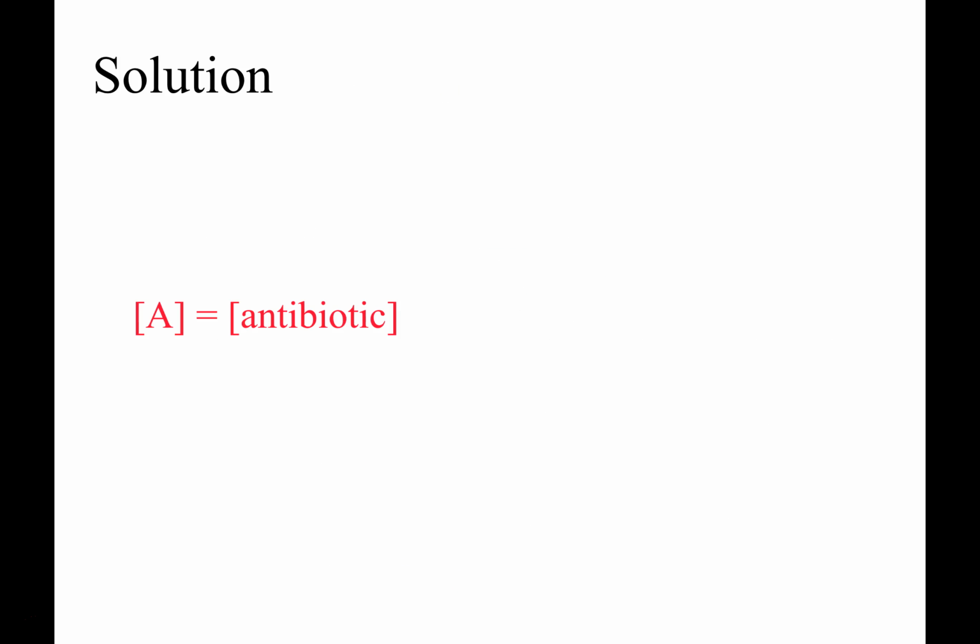What's helpful when you work a problem is to set the stage. Whenever you see an A in the problem, that's my antibiotic that's decomposing. So to work the first one, I'm going to use this version of first order, just because I know to use it.